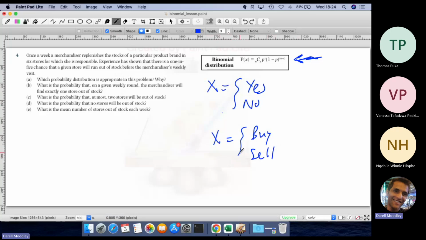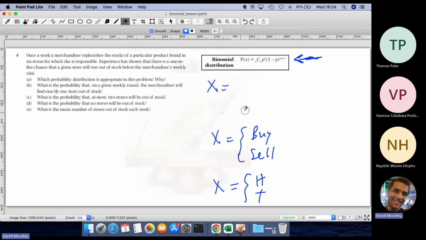In other words, they are complementary events, so one is the opposite of the other. Think of another one: x is a head or a tail in a coin. There's no third option. There are only two possible outcomes, and these outcomes are complements of each other, the opposite of each other. So that's the one property. You first need to identify that X only has two possible outcomes.